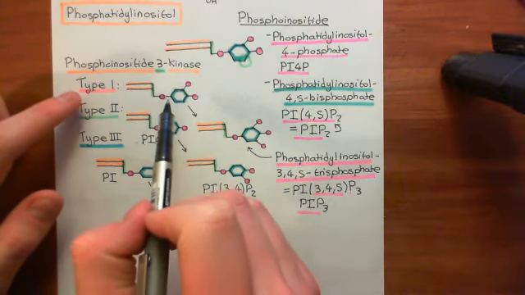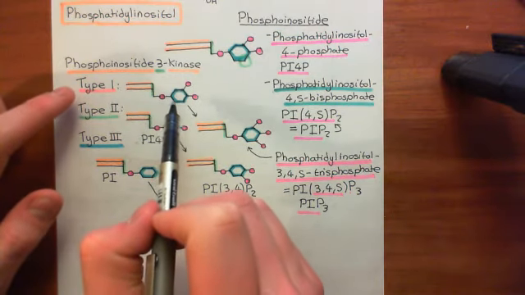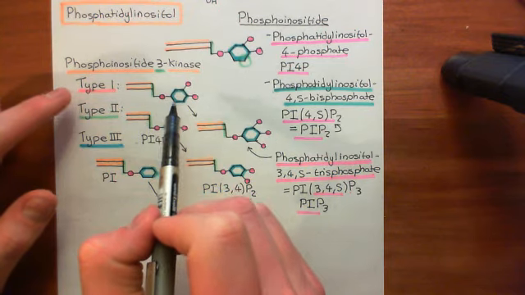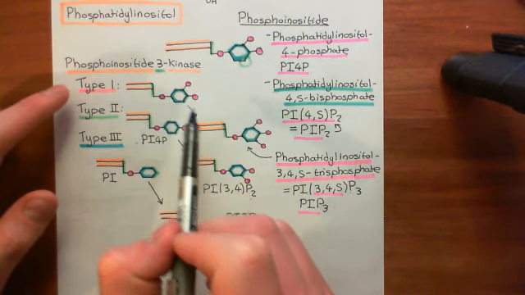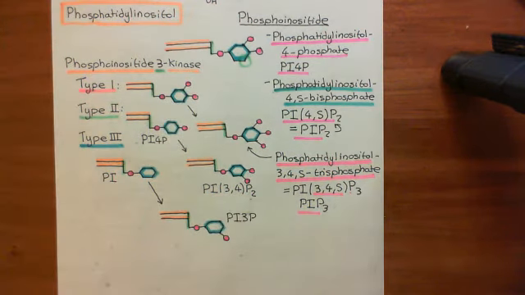So in the next video what we'll start talking about is the structure of the type 1 phosphoinositide 3-kinases, and we'll then talk about the different types of type 1 phosphoinositide 3-kinases, and then we'll move on to their activation by activated receptor tyrosine kinases.